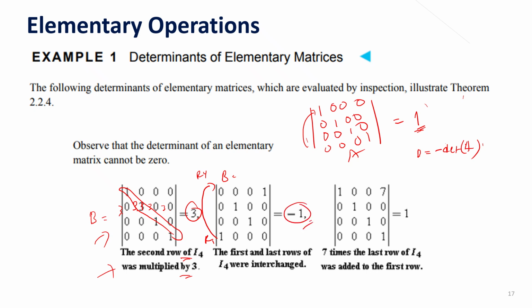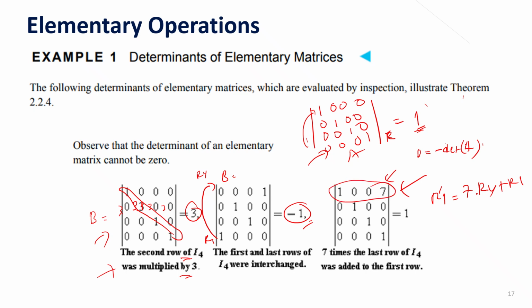Okay, the last one is the determinant of this. To get this matrix, the new row 1 will be equal to 7 multiplied by row 4, plus the original row 1, so then you will have this one.